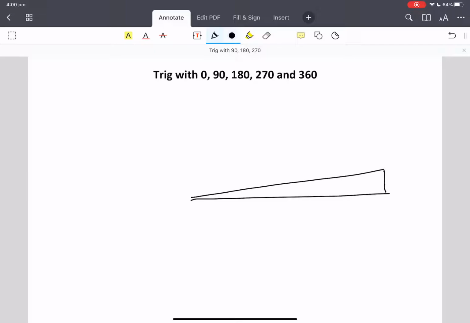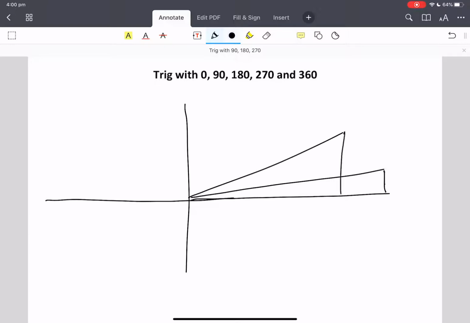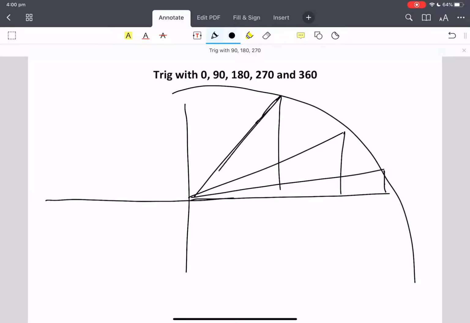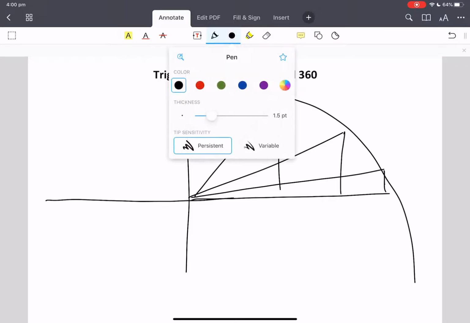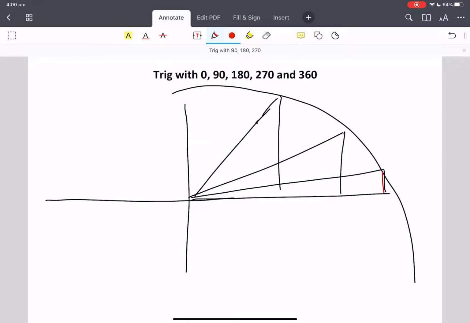Okay, so let's think about different angles. We've got to pretend that all of those terminal rays are the same length, and all I'm doing is changing my theta.